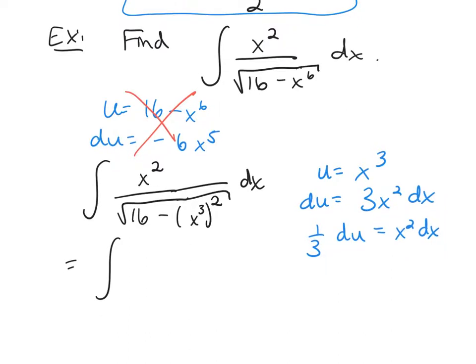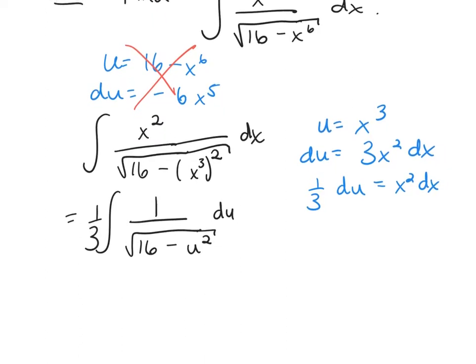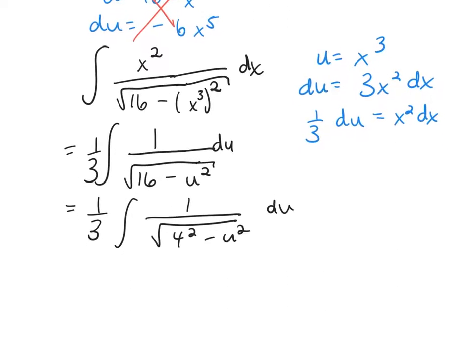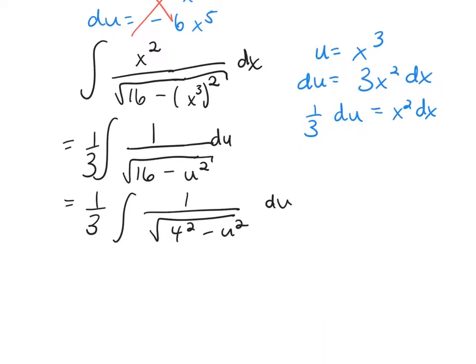So x squared dx, I'd get 1/3 du, 1 over the square root of 16 minus u squared. And now this looks like one of our inverse trig integrals. I'm going to write this as the integral of 1 over the square root of 4 squared minus u squared. Which inverse trig does this look like?